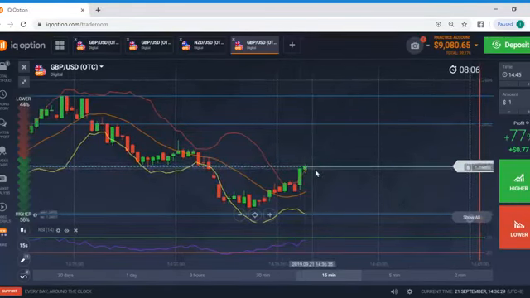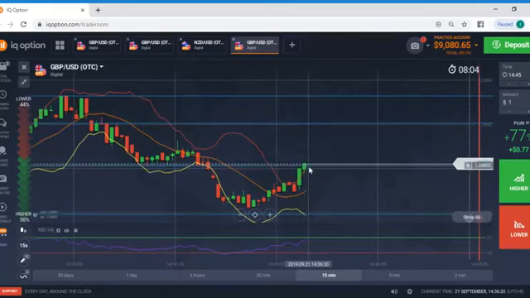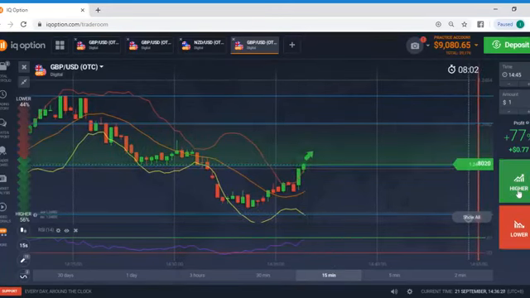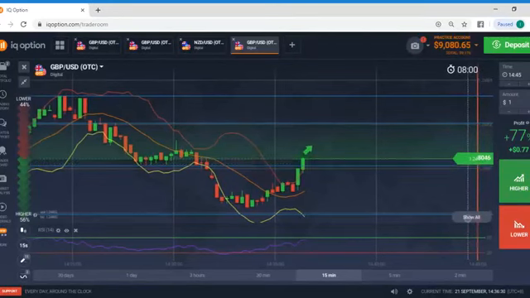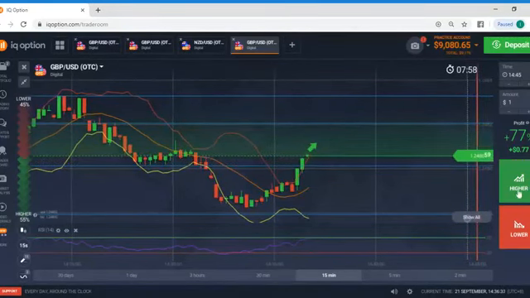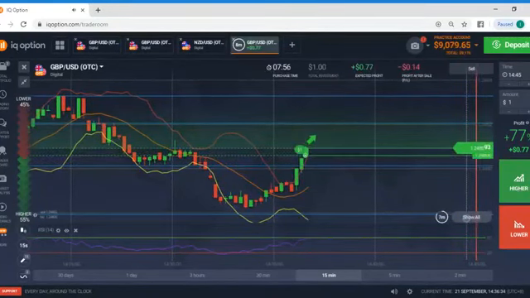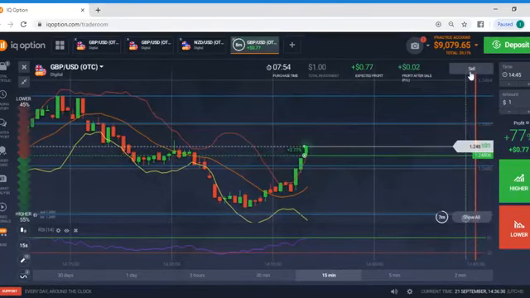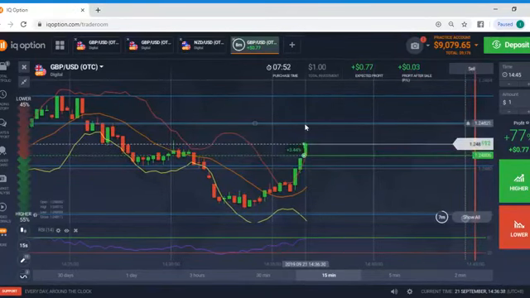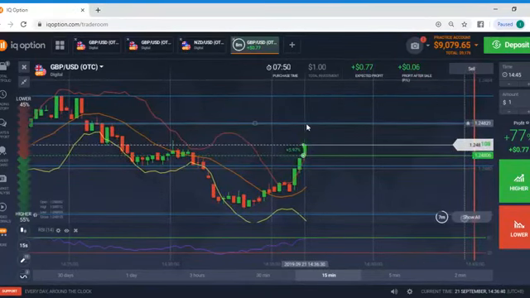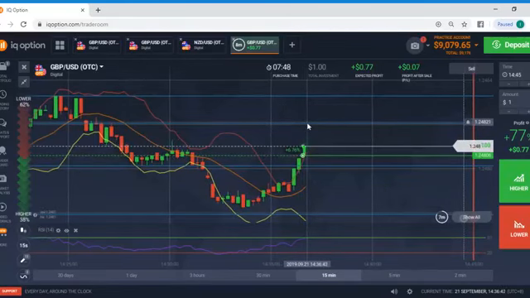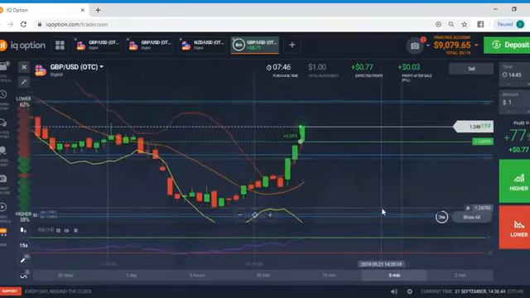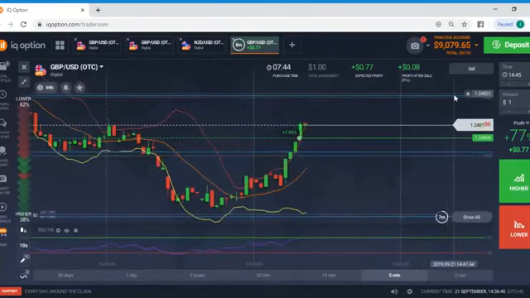Okay, so if this triggers, let's see if another candlestick will form. Oh, there we go. Then I can just take profit, because this is the next possible resistance, and we are in the faster time frame.